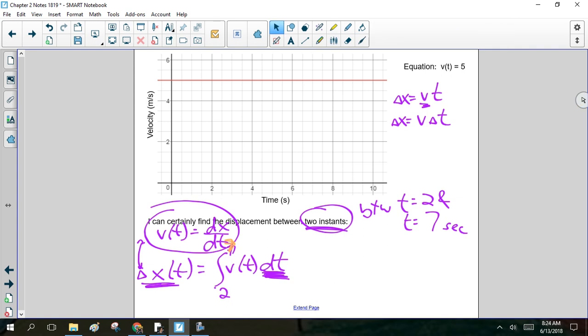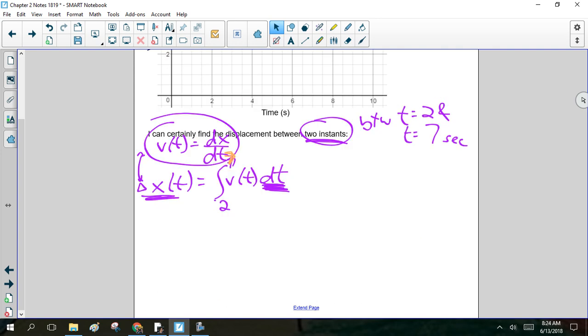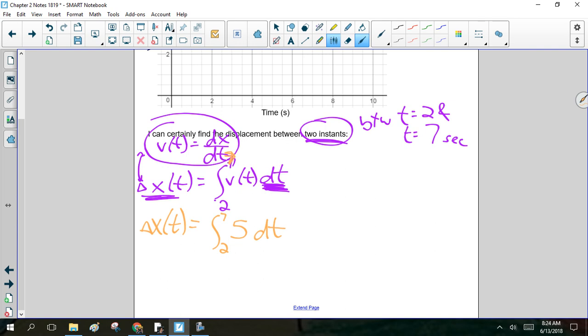Okay, so let's solve this thing here. Our displacement is the integral from 2 to 7 of v of t, and velocity is 5, so 5 dt. Now you ask yourself, what's the integral of 5?